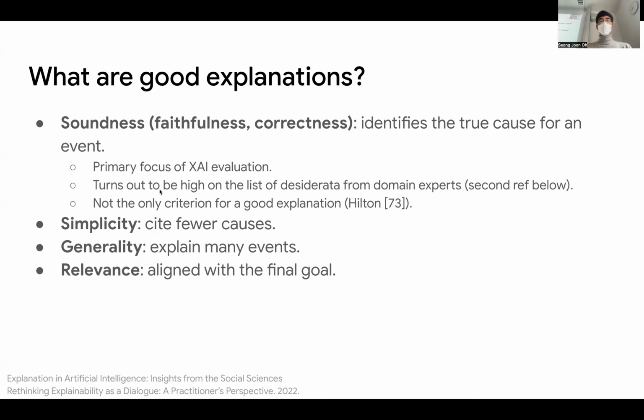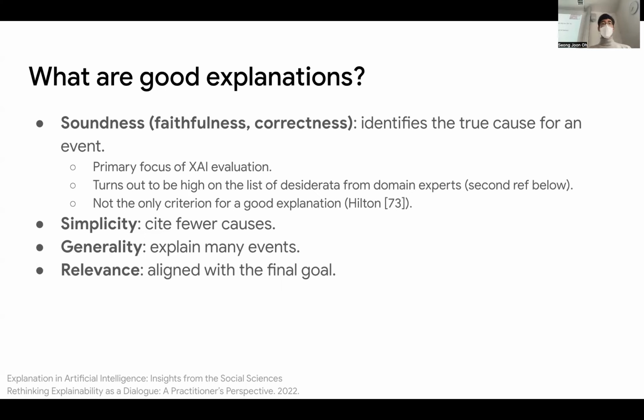But what is also important is that this is not the only criterion for a good explanation. Because if you push too much for soundness, then you can be citing all kinds of causes for explaining why this is happening, but that's going against the simplicity of your explanation.